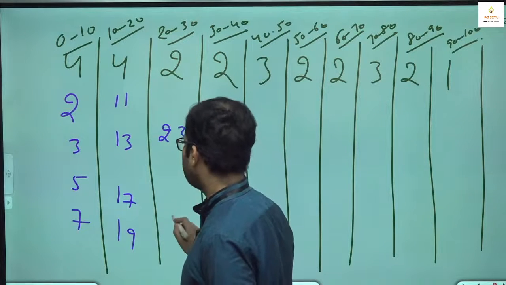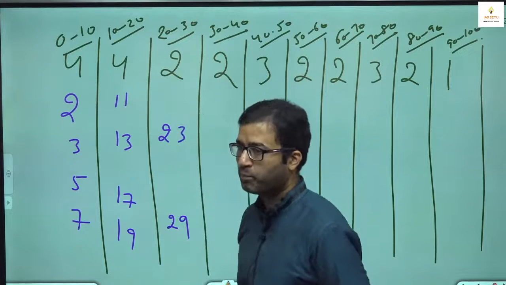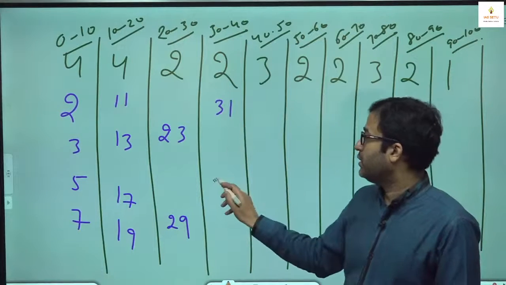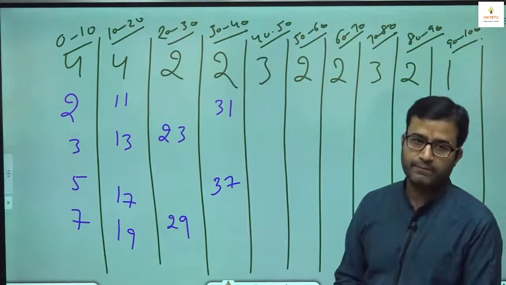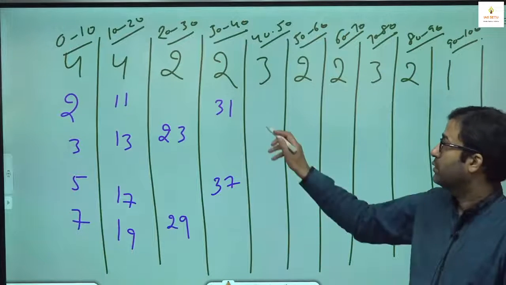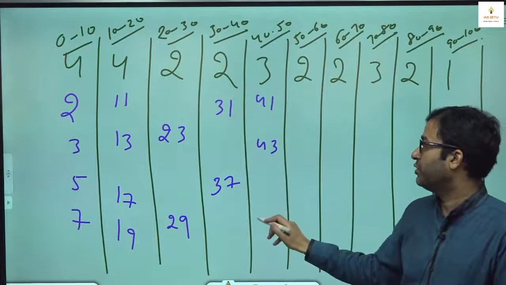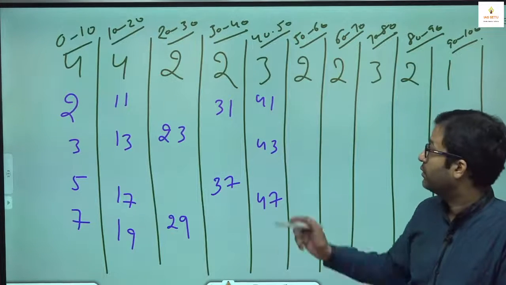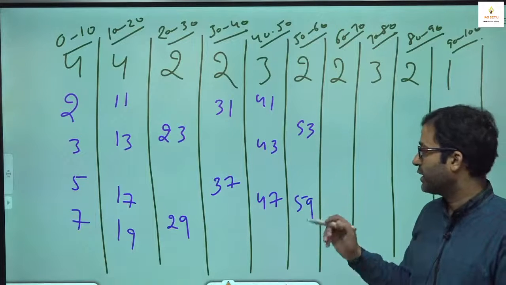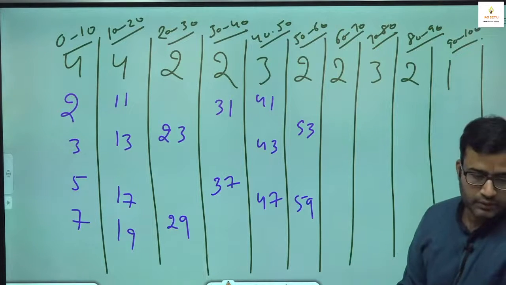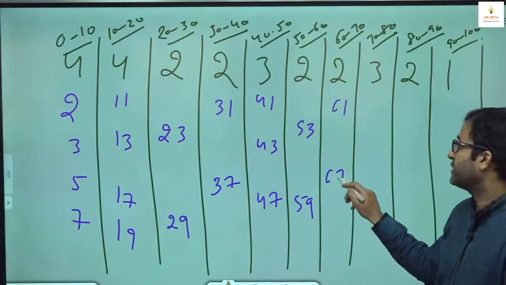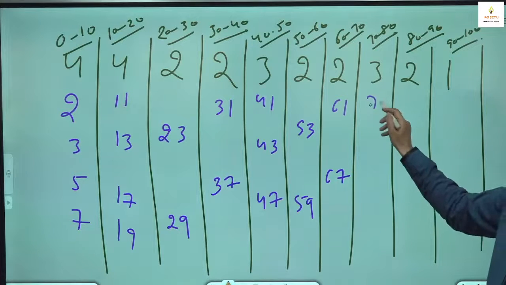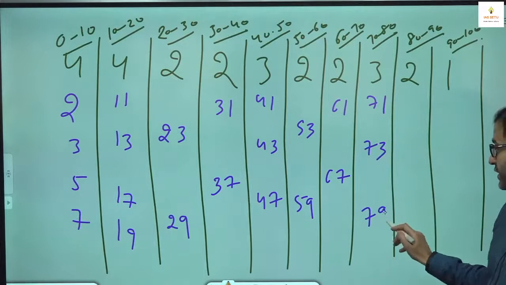Next is 23, 29. 31, 37. 41, 43, 47. 53, 59. 61, 67. 71, 73, 79.